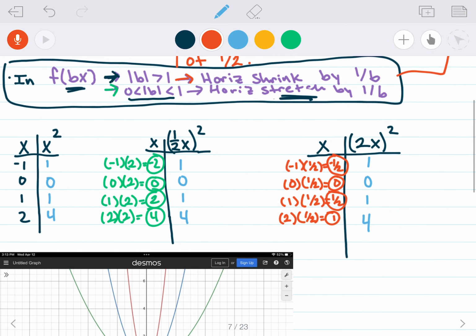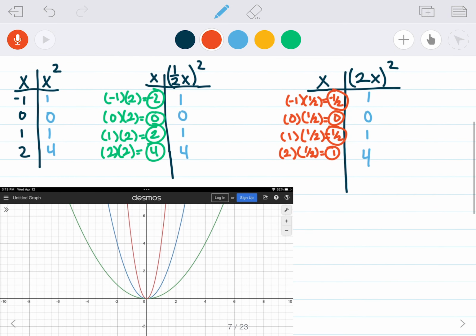So let's take a look at what this looks like on the graph. Now, something cool about this is that vertical stretches and compressions can be related to horizontal compressions and stretches. Like, if you were to expand this out here, if you were to square 1/2 x, what you would get is a 4th x squared, right? 1/2 x times 1/2 x is a 4th x squared.